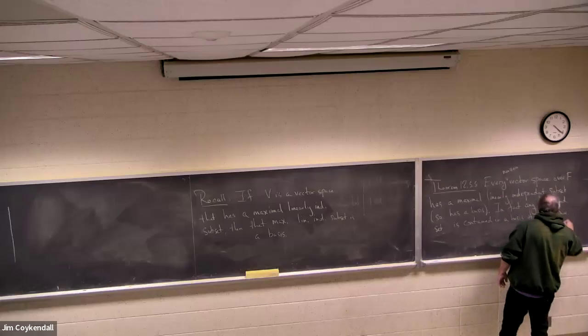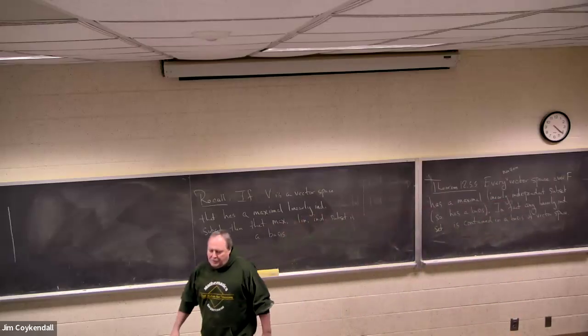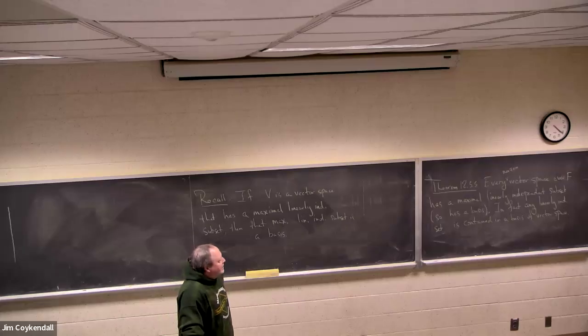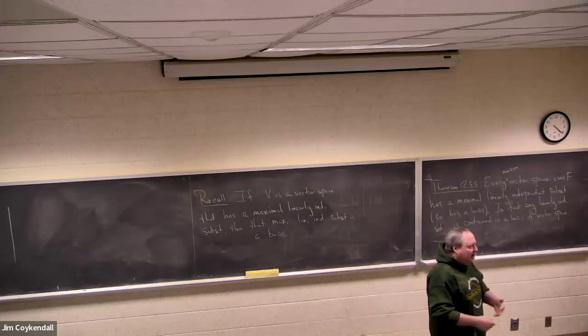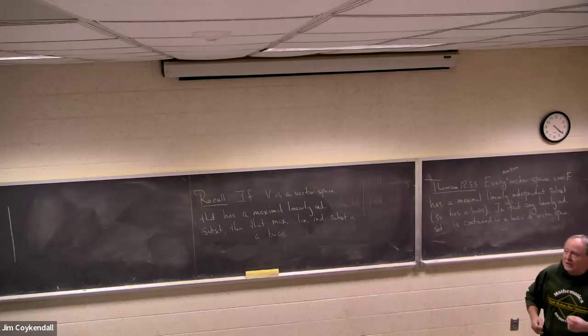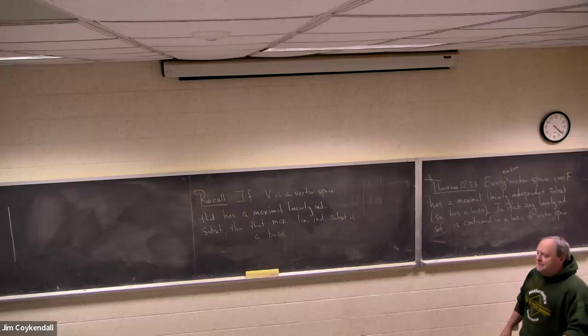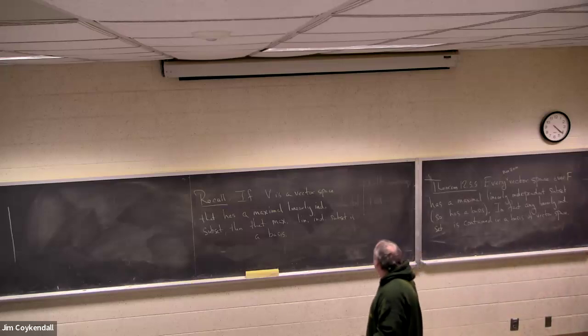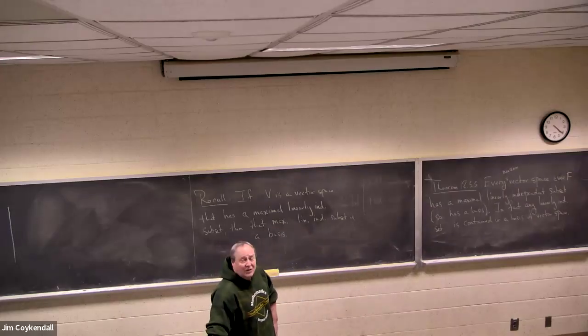This was a big theorem that you probably got thrown at you a bit in linear algebra. You can start with any linearly independent set and expand it to a basis, because you look at your linearly independent set. If it spans the vector space, then good for you. And if not, you can take that linearly independent set and grow it to a larger one that is a basis.